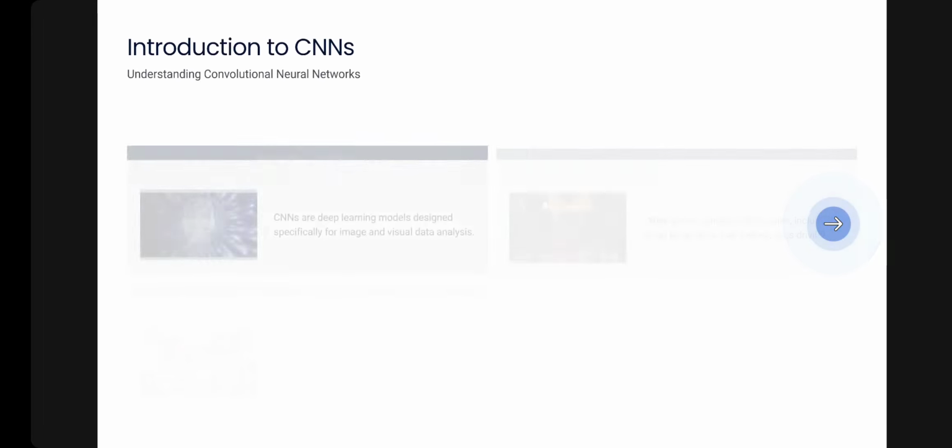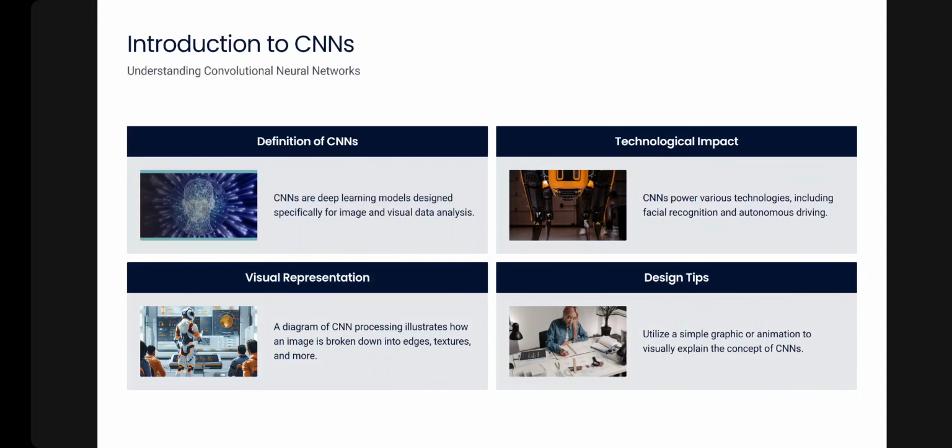So what is CNN? If you want to define CNN, it's a very large deep learning model that is designed to specifically analyze visual data, which is basically data coming from images.